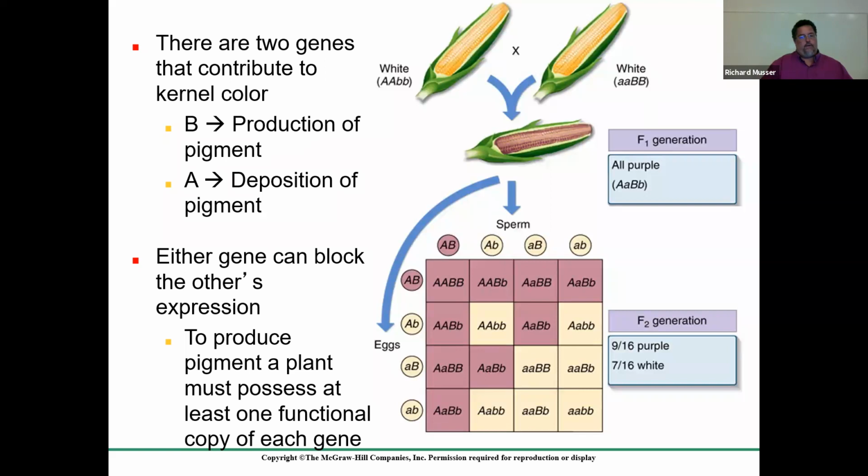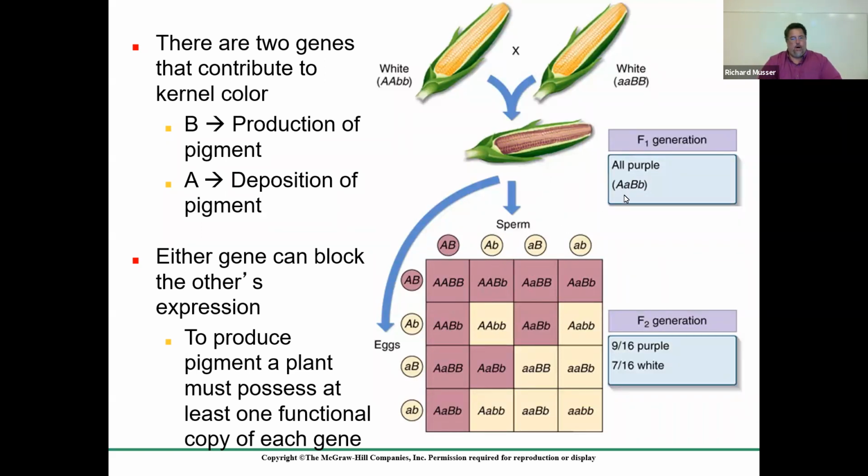It's multiple genes involved. And so here we show what the gametes would look like in our Punnett Square, and it's now got 16 boxes that represent these 2 different genes that are involved in these traits. So in the F1 generation, they're all purple.